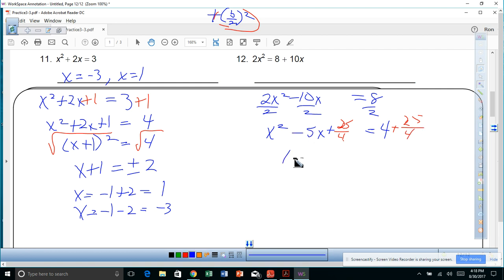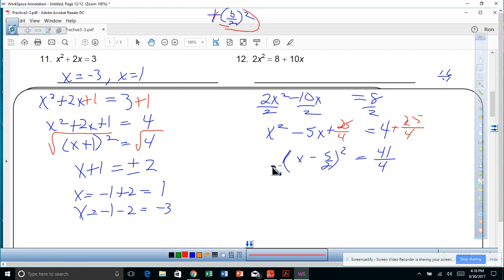And that's going to give me x minus 5 halves squared equals, now 4, that's the same as 16 over 4, right? 16 plus 25, I get 41 over 4.